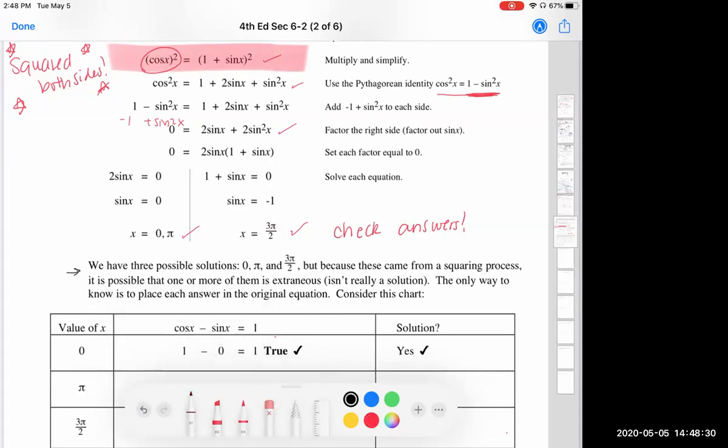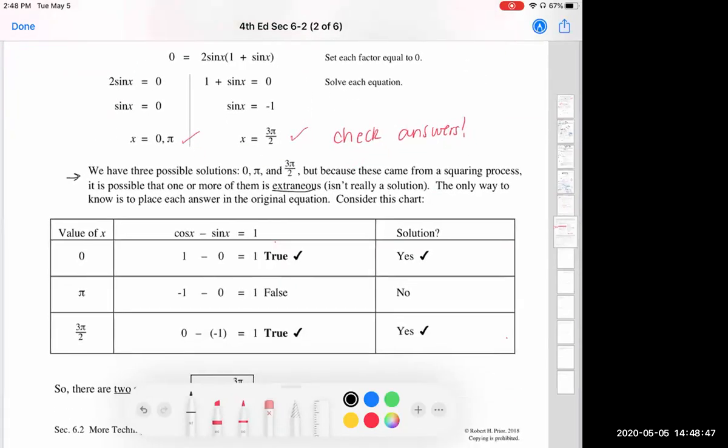We have 3 possible solutions: 0, pi, and 3 pi over 2. But because these came from a squaring process, it is possible that one or more of them is extraneous. The only way to know is to place each answer in the original equation.